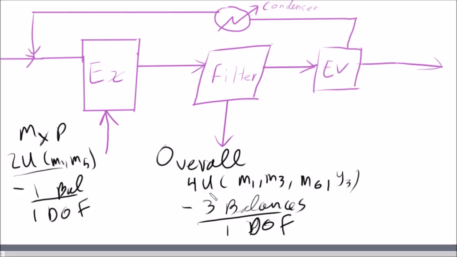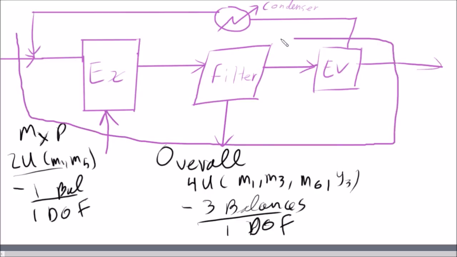Okay. Now next we have the overall system. You think of all these separate boxes here, just combine them into 1 mega box, and you just say, okay, what's coming in and what's going out of this mega box. If we were to make a huge system, it would look something like this.